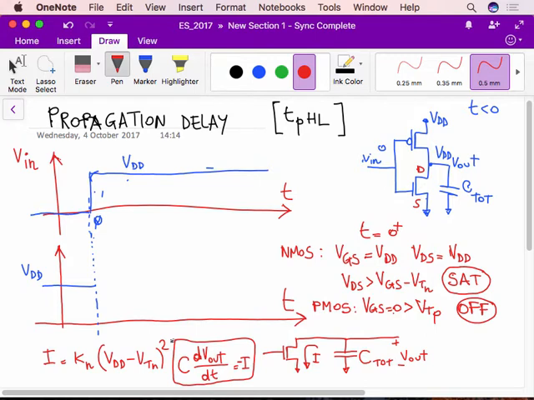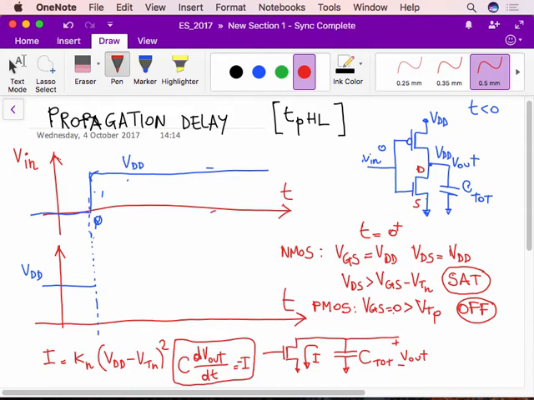What does it mean in particular? Since the current is constant, from this expression we have that also the derivative of the voltage as a function of time is constant, which means that the output voltage is going down with a constant slope.